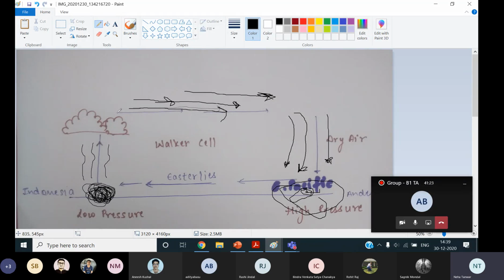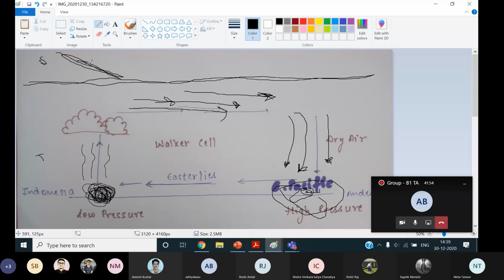Okay. The thing is, the air cannot keep on moving up in the atmosphere. Why is it so? Because this is the troposphere, and up in the atmosphere we have the stratosphere. This is called the tropopause, the boundary in between troposphere and stratosphere. The stratosphere is much warmer compared to the troposphere.